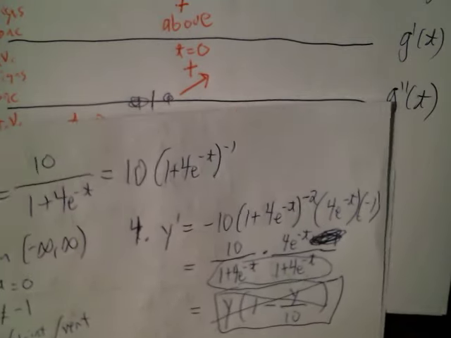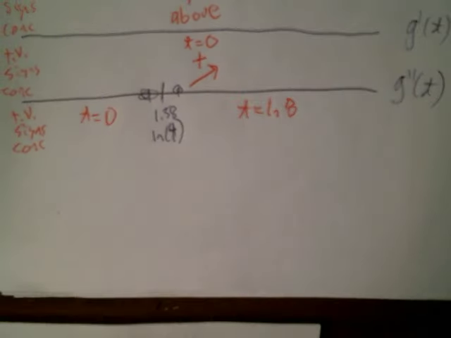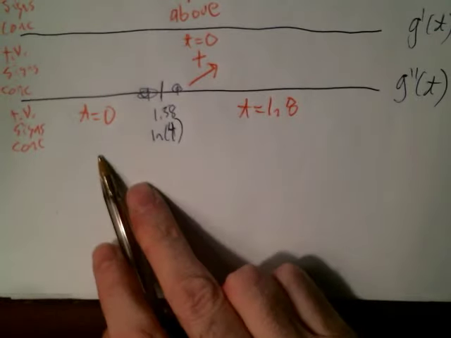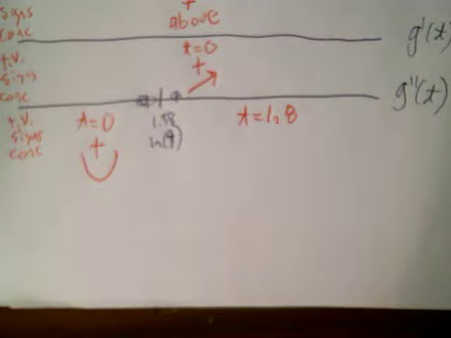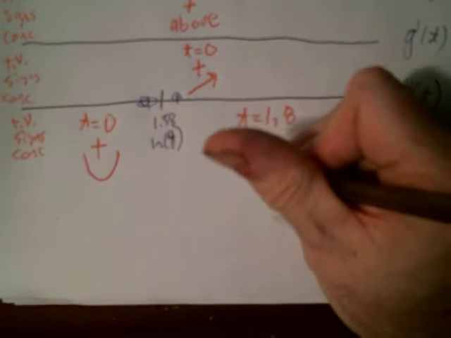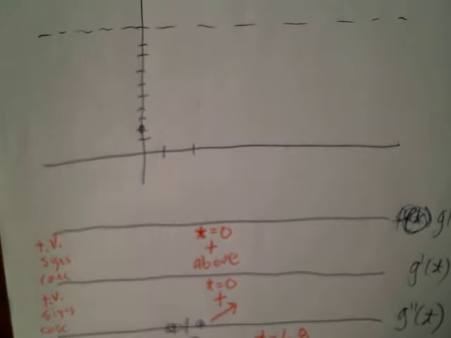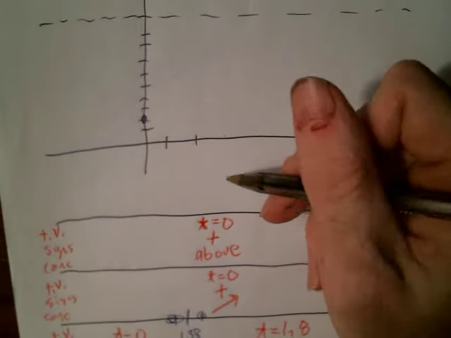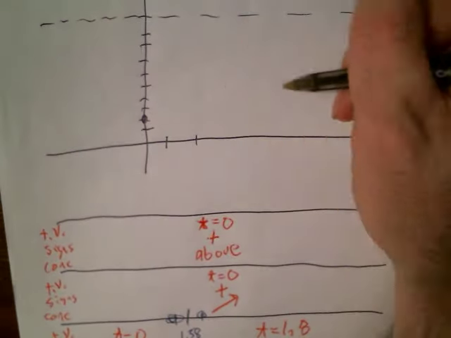I should have; in class, I'll do the second derivative, so don't worry about this. But if I had the second derivative, I would plug it in there, and I would find that it's positive and concave up on that interval, and then negative and concave down on this interval. And then I could start putting things together. So at 1.38, it's going to go from concave up to concave down.